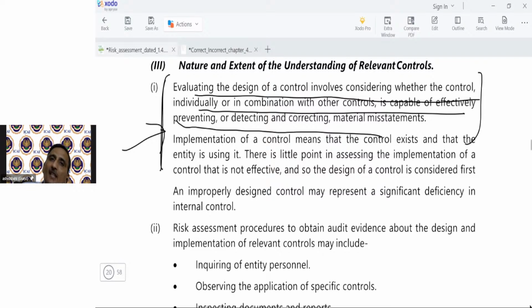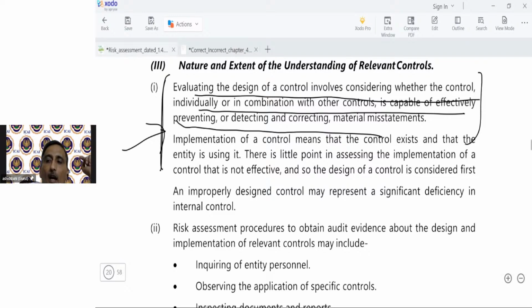My objective at all times would be that the control should be such that it is either able to prevent material misstatement, or if misstatement happens, it is able to detect and correct it. If any mistake, error or fraud happens, it should be able to detect and correct it. So this type of line you would find at many places, not only in this chapter but in the whole of your modules. Okay.